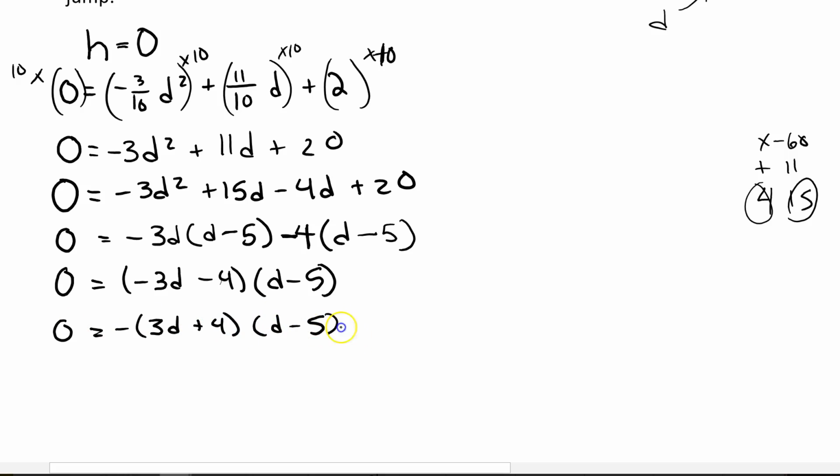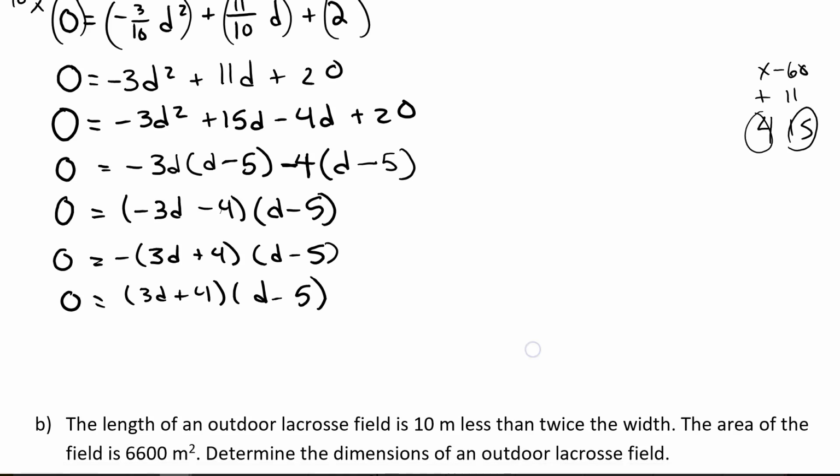You multiply both sides by negative 1. 0 times negative 1 is still 0. Negative 1 times this expression is just that expression, 3d plus 4 times d minus 5. Boom! So, I know that my answer is going to be d equals 5 or d equals negative 4 over 3 from this one.